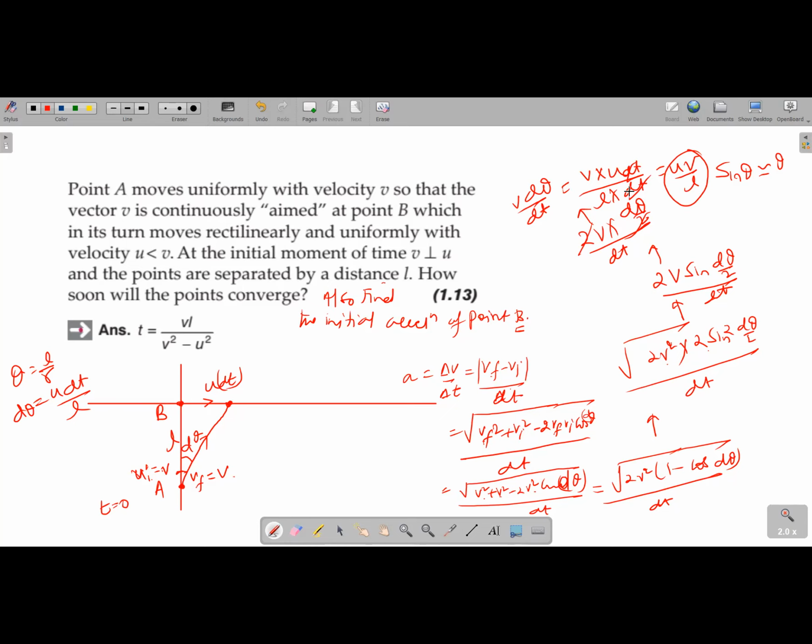So can you explain again what you did for the last step? I didn't understand the last step. See now, in a circle, suppose this is radius, this is angle theta, this is L. So theta equal to L by R, we know that. So this is a very small angle. So this is also L, this is also L, this is d theta, and this is like arc length, that is equal to U dt.